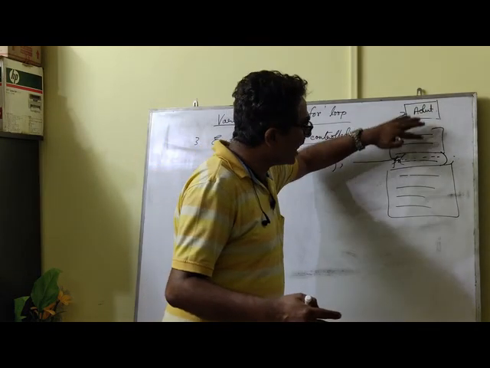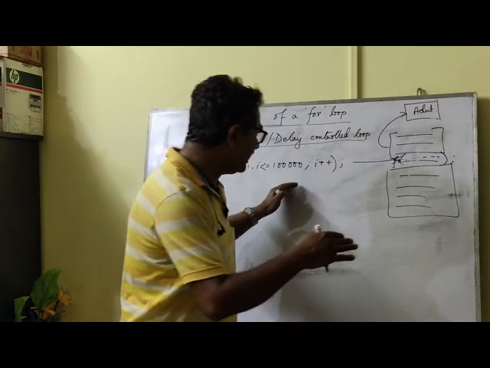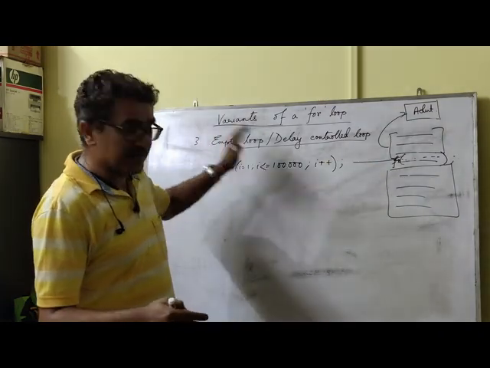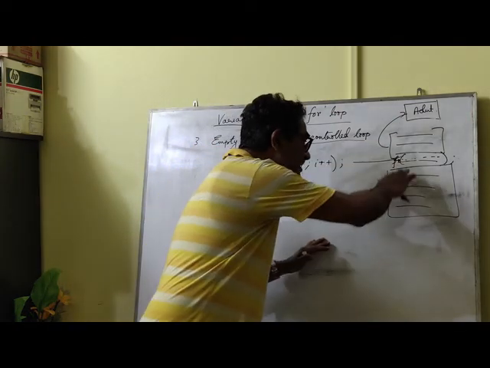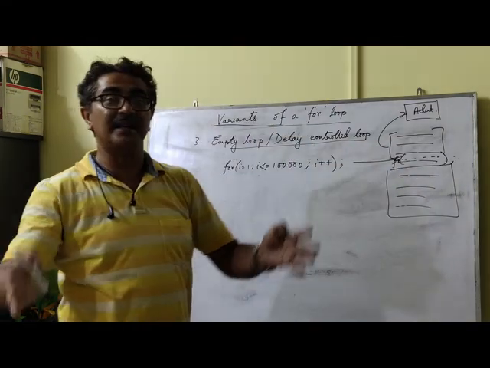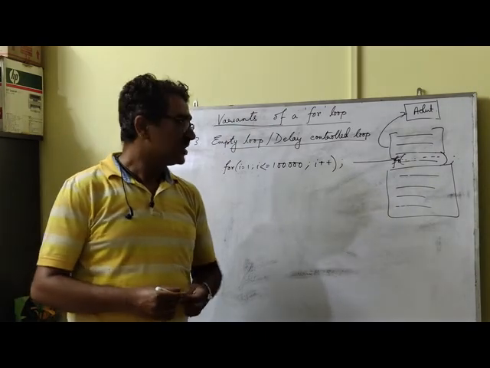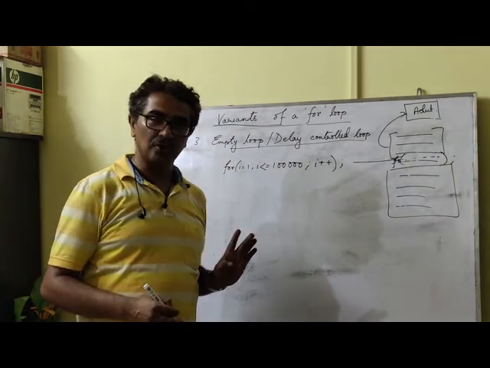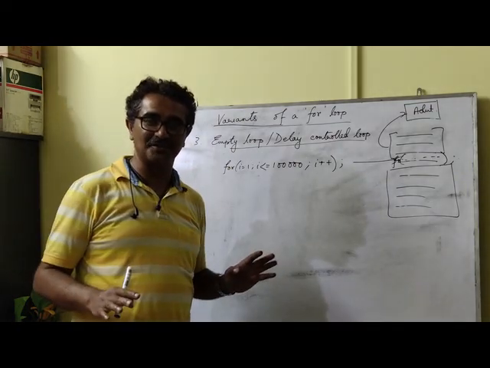Until then, this particular advertisement will still be present on your screen. And only when this loop finishes iterating 1 lakh times, the statements after this get executed and the entire application gets loaded onto the screen. So this is how the delay control loop works. So it has some usage, not that it does not have any kind of usage.